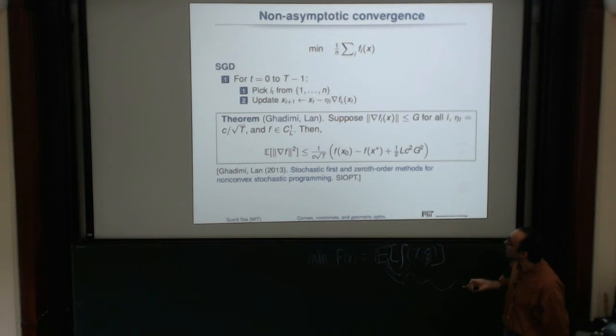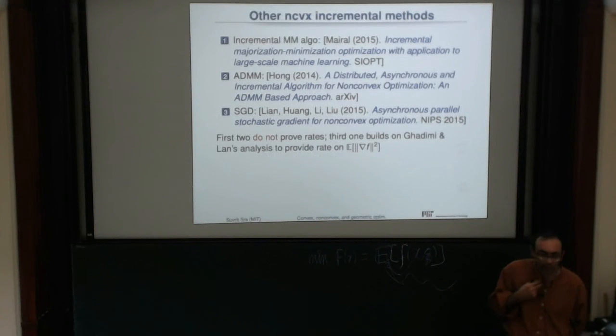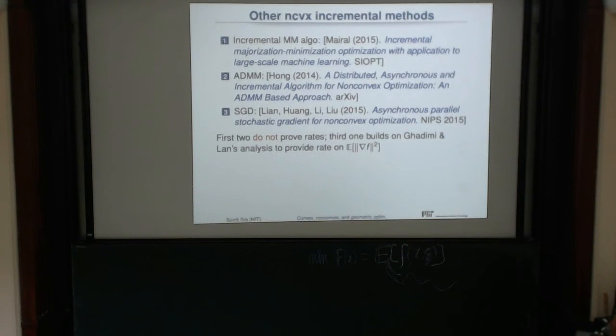And there has been follow-up on this. There's a bunch of follow-up that I listed. People working on incremental majorization minimization with convergence to stationarity. Incremental, distributed, and so on, putting everything together, but ultimately hinging on the idea that you can control the errors. So that's why these keywords shouldn't disturb you.